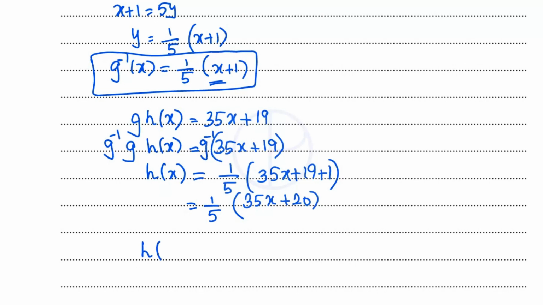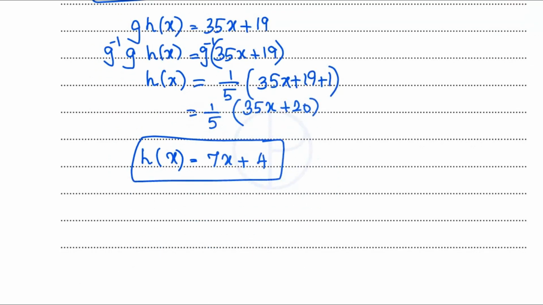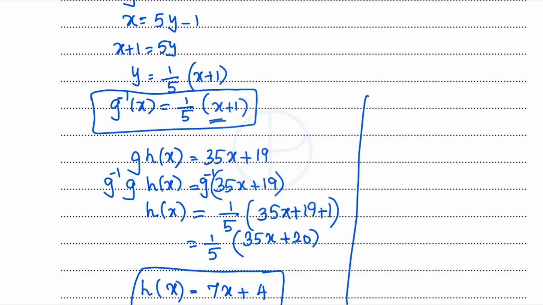So h of x is 7x plus 20 divided by 5, which will be 4. So here we used g inverse of x to find h of x. Let's find it without using g inverse of x. You just follow any one method which is easy for you.